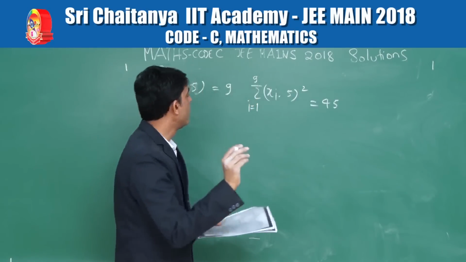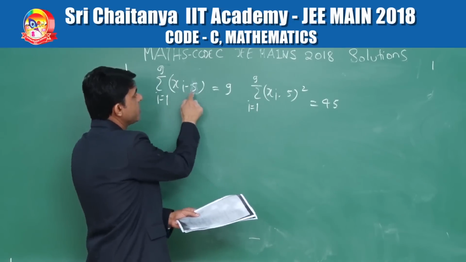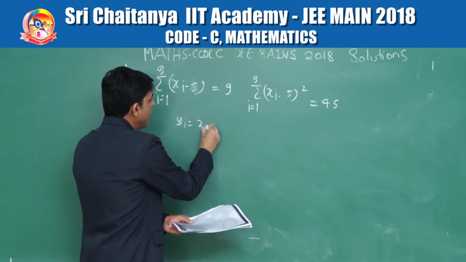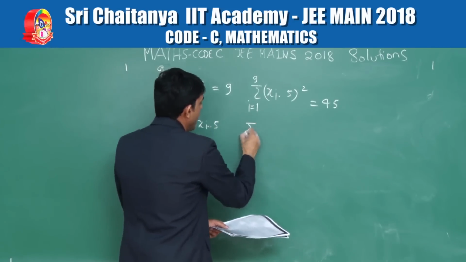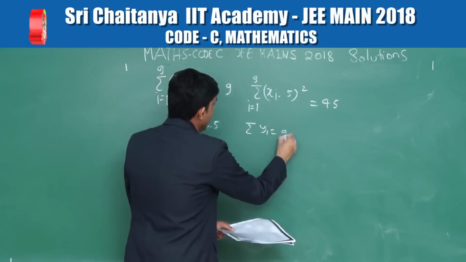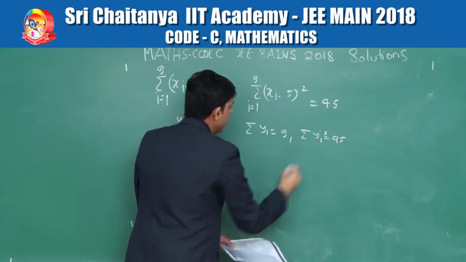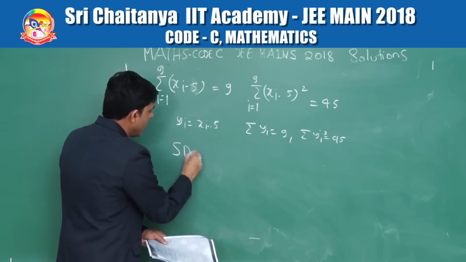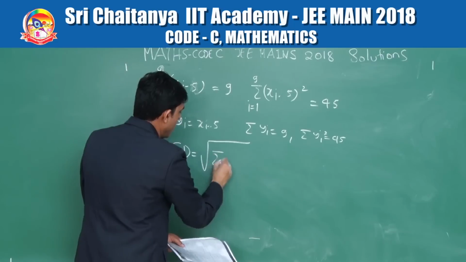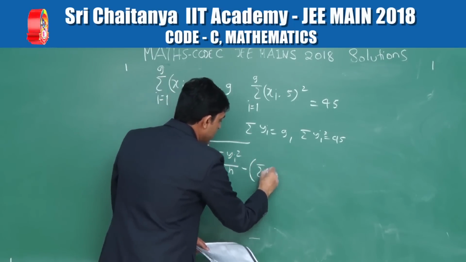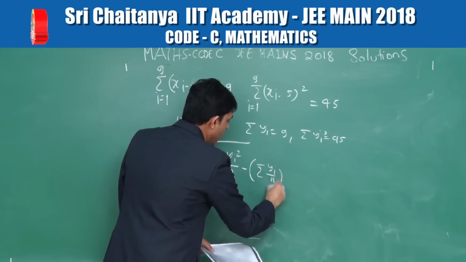Let's apply this idea and work with xi minus 5. So let's write yi is xi minus 5. We are given sigma yi is 9 and sigma y squared is 45. The standard deviation happens to be root of sigma yi squared over 9 minus sigma yi over 9 whole square.